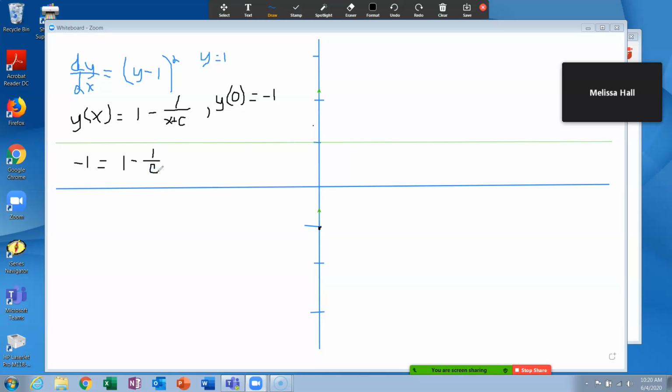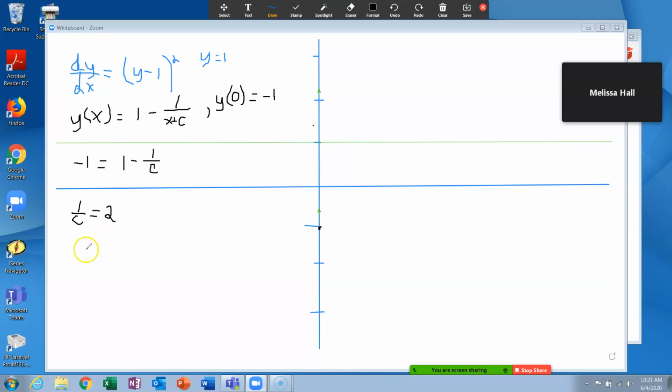Now, we want to solve for c. I'm all in favor of moving the 1 over c to the left-hand side and moving this 1 to the right-hand side. Are y'all okay with that? 1 over c is equal to 1 plus 1, which is 2. Didn't know you'd be doing such high-level math today, did you? Okay. Everybody agree with that?